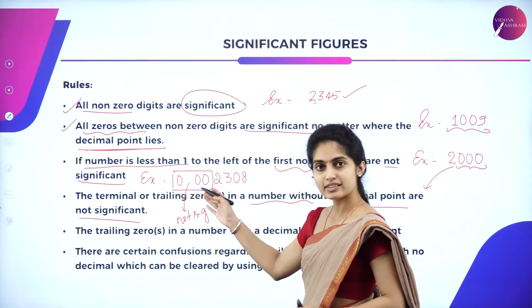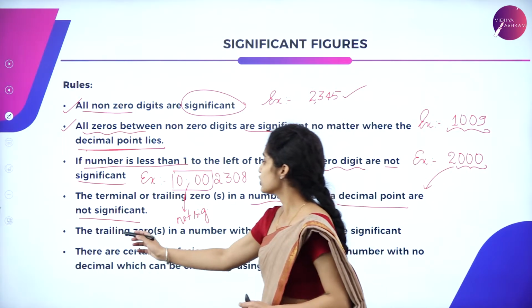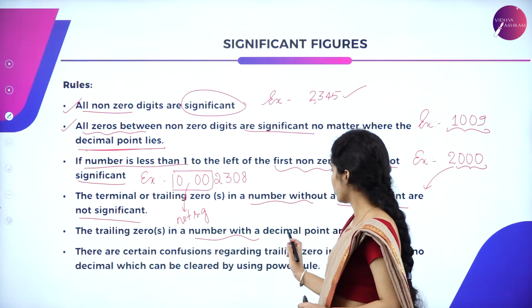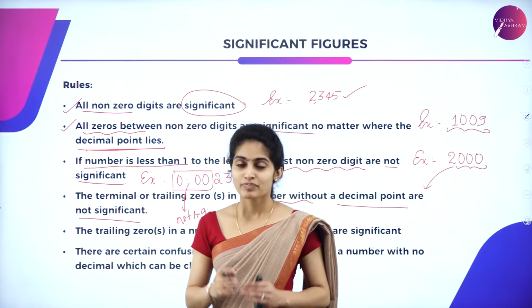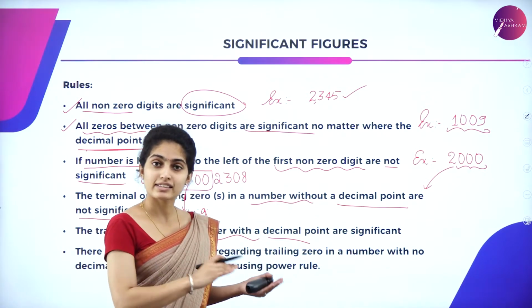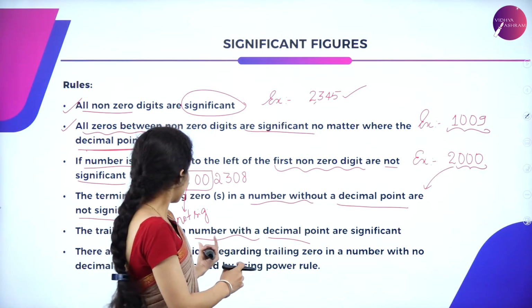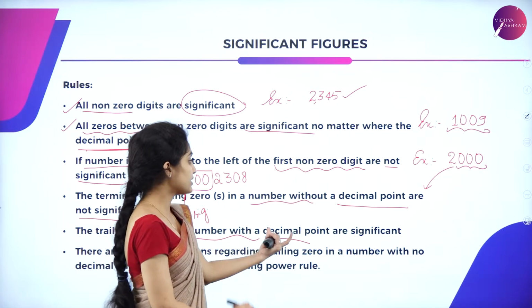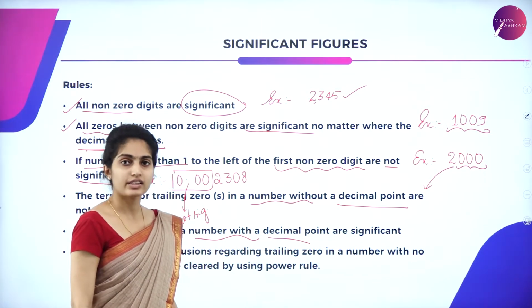Next, decimal place rules. Next is the trailing zeros in a number with a decimal point. The trailing zeros, that is the ending zeros, in a number with a decimal point are significant.